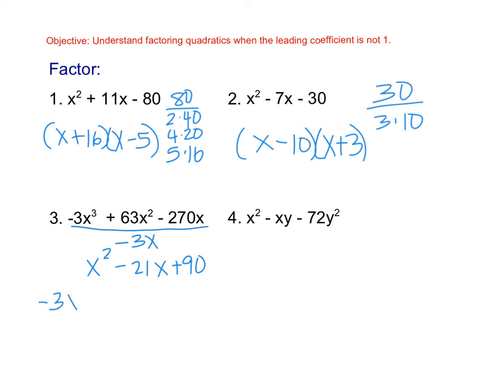So we're going to have -3, x, x, let's see, 90 and 21. What is that? 9 times 10 gives you 19, so a little less. Does 8, 6, and 15? That's it, 6 and 15. So x minus 6 and x minus 15.